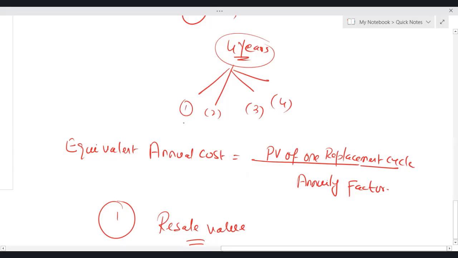Resale value will be highest if you are replacing after every 1 year. And logically, resale value will be lowest after every 4 years. So logically, as the asset gets older, the resale value will definitely drop.